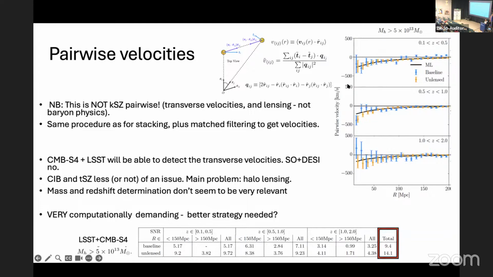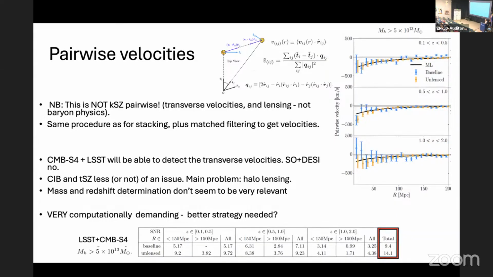The other way that we tried to detect this signal is to look at the pairwise velocities. You're probably familiar with that because of the kinetic Sunyaev-Zeldovich effect, which is sensitive to the radial velocities. This estimator is actually based on the transverse velocity, so it would be complementary in a sense.